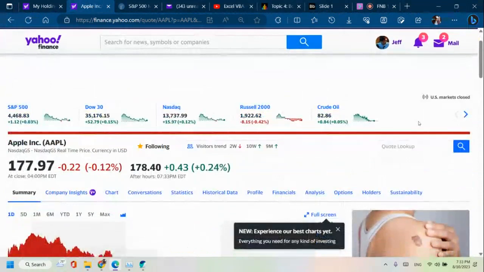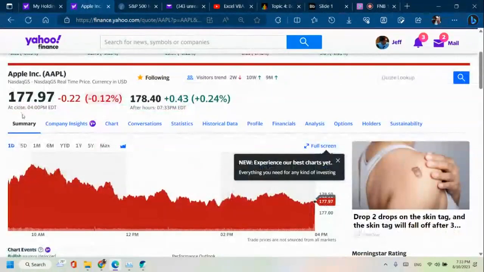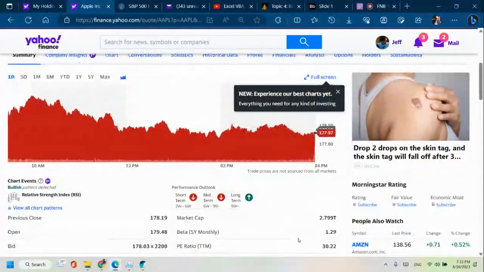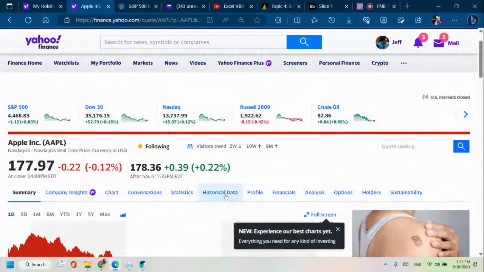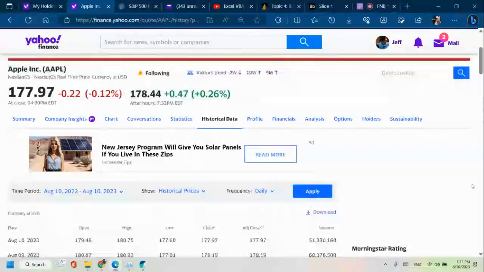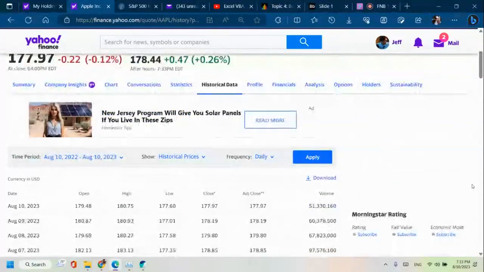Apple today lost, doesn't really matter. We want to get to the historical price. So historical data. We click on this, and then we want to get monthly data for the last 5 years.